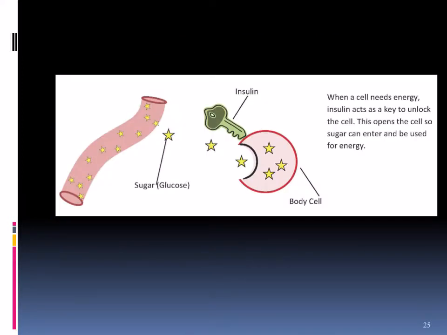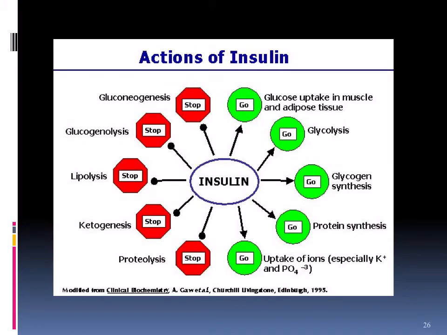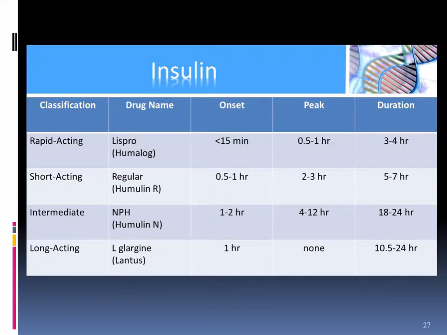This slide shows you the actions of insulin. And your table sometimes differs in terms of the actions of the different insulins and the rapid acting in terms of the onset, peak, duration. Sometimes it will differ by an hour or so, or minutes.